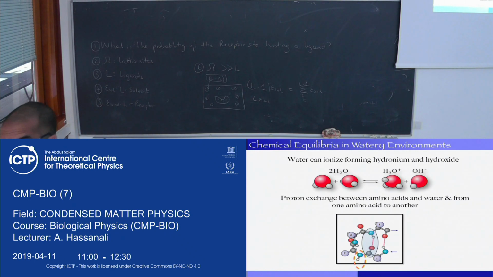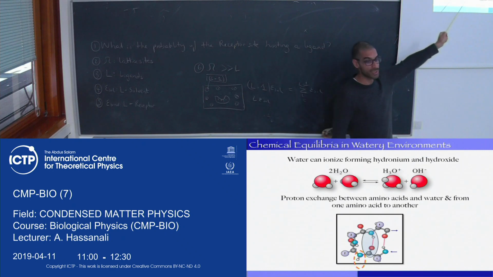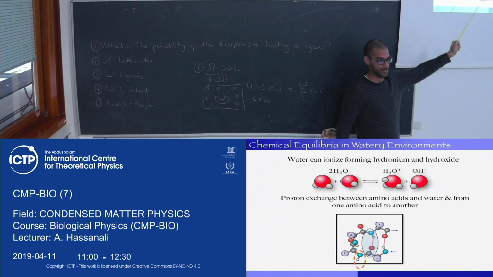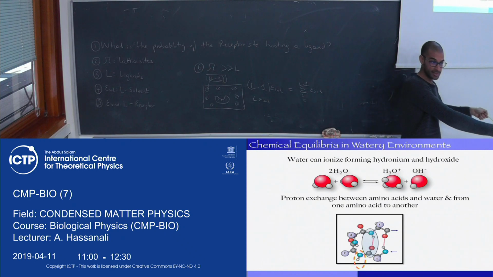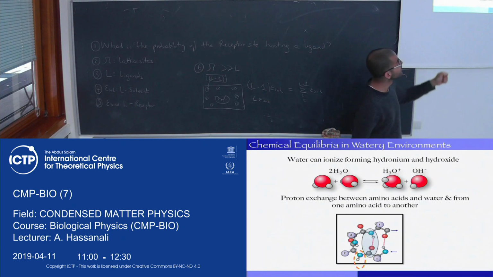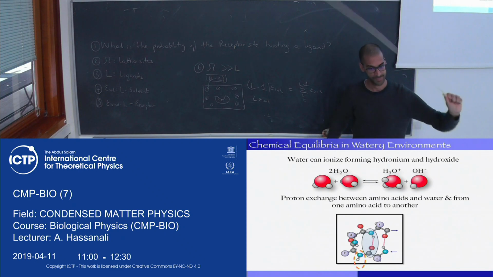Okay, it's very small. The concentration of water is 55 molar, relative to 10 to the minus 7 molar. So there's a very low concentration of protons and hydroxide ions in neutral conditions. But when you go to acidic conditions, or basic conditions, the concentration of this or this increases.